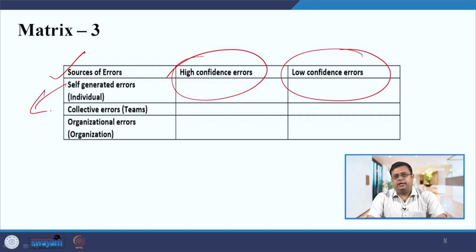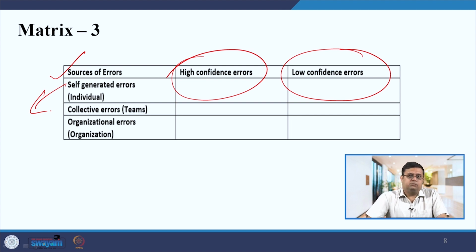Sometimes the organization does not make the appropriate policy, because of that also organizations are not able to achieve their target. Sometimes, as a team, that synergy is not there. Individual performance is very high but synergy is not there, so as a collective goal we are not able to achieve.